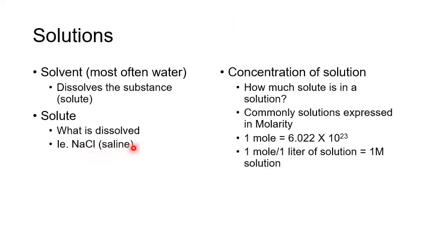But this sodium chloride dissolved in water is saline. And for our case, since we're talking about the body, our solvent is going to be water, H2O. So we have these fluid compartments, and basically they comprise different amounts of solutes and different kinds of solutes in water.